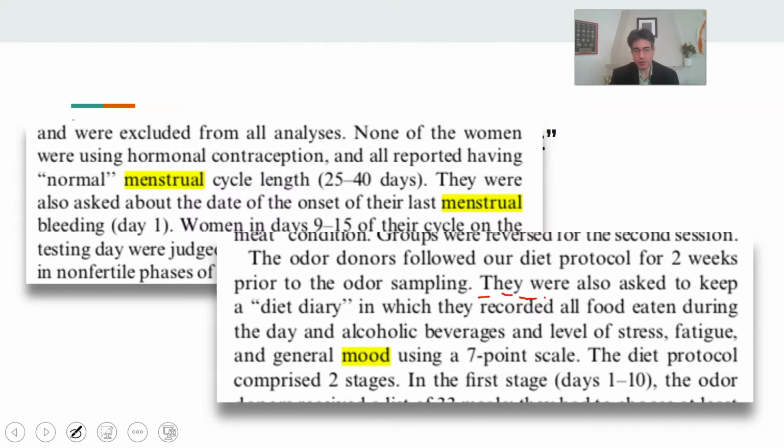So the detail in which they're laying out all of these points in the method section could have happened as a function of the review process.